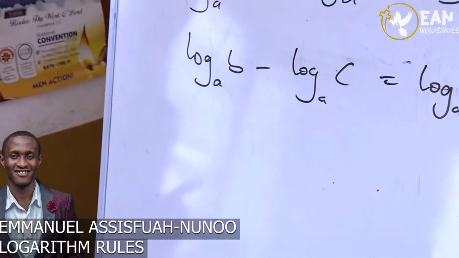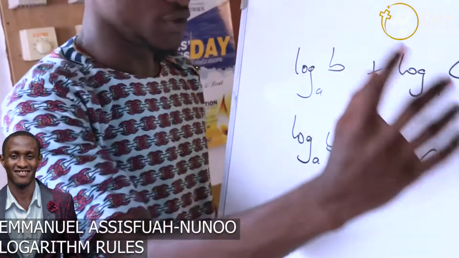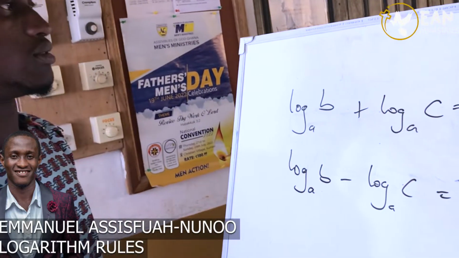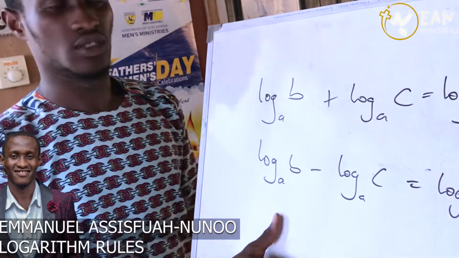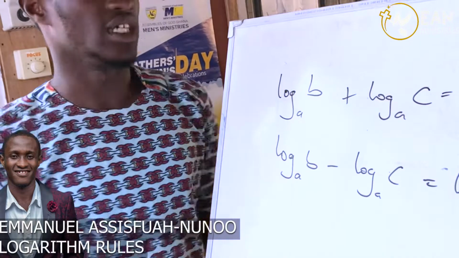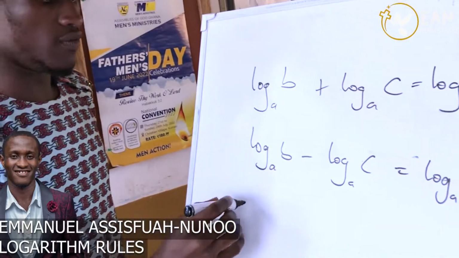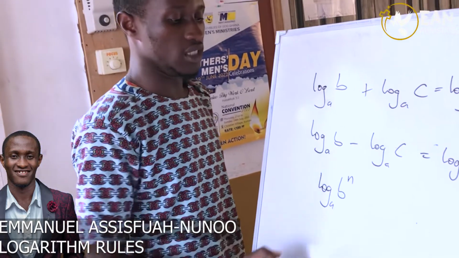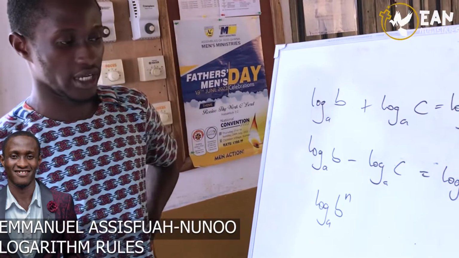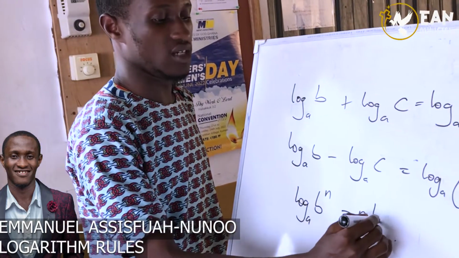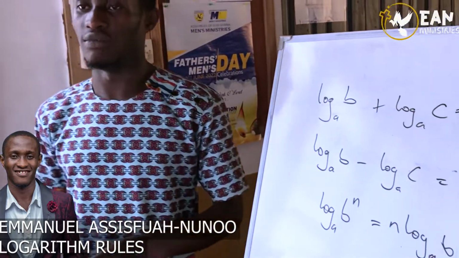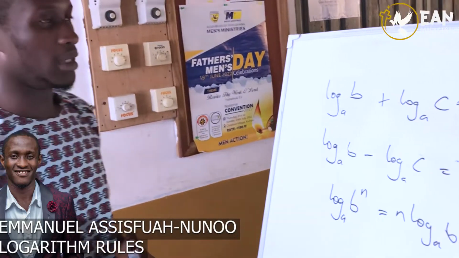Anytime you have log a of b over c, note this whole thing is in brackets, you can write it as log a b minus log a c, or when you have this one, you can write it as this. One other rule of logarithm is when you have log a b to the exponent n, you can write it as n log a b. You should also have that one in your mind.